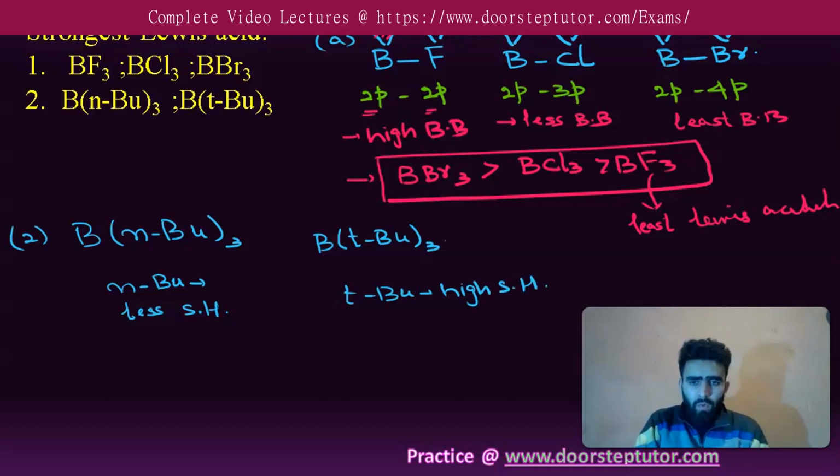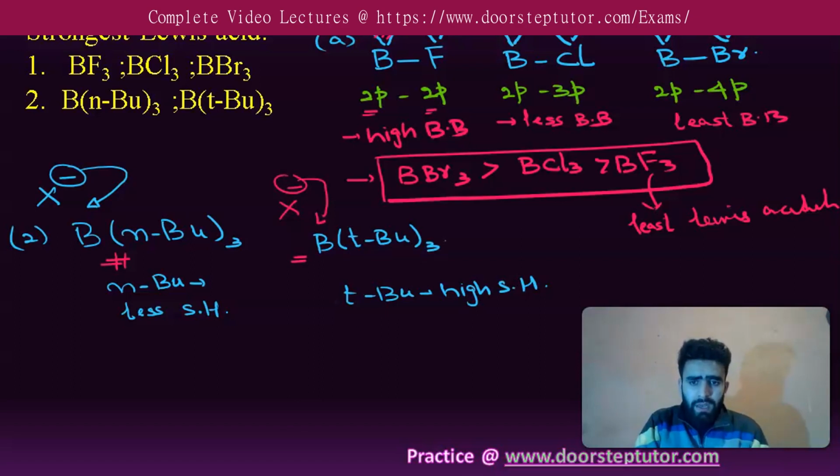It means that when a species having high electron density tries to attach itself to this boron, it will feel less steric hindrance. But if the same group tries to attach itself to this boron, it will feel high steric hindrance.